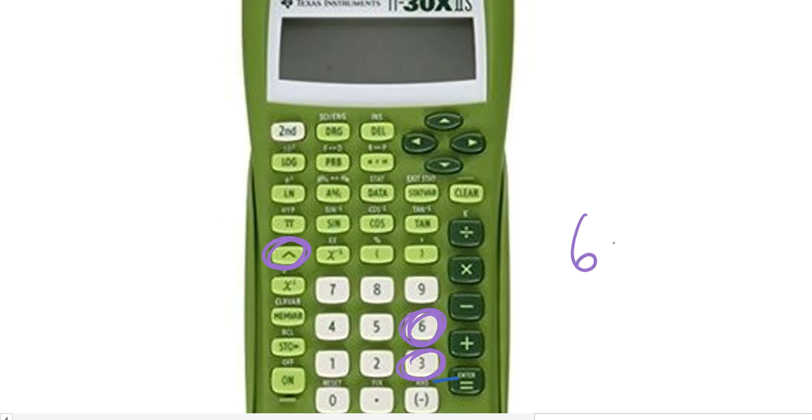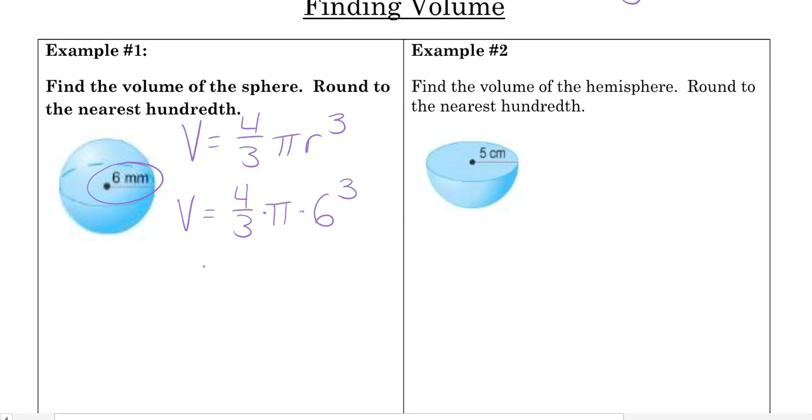So it would be 6 up caret 3, and that would give you your answer of 216. So we have 4/3 times pi times 216.